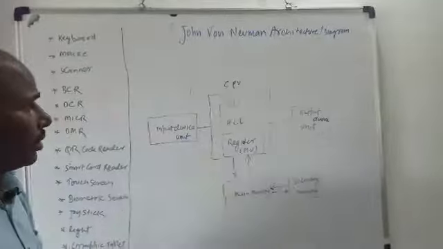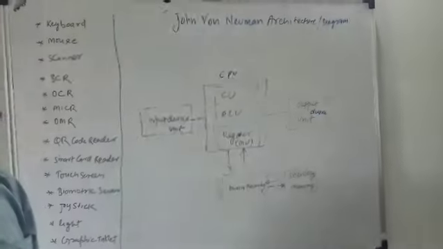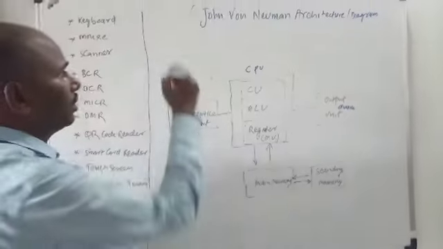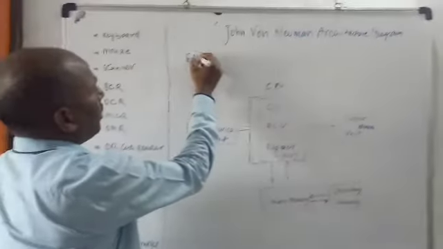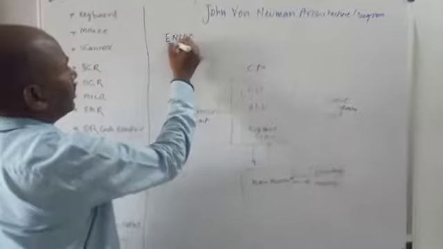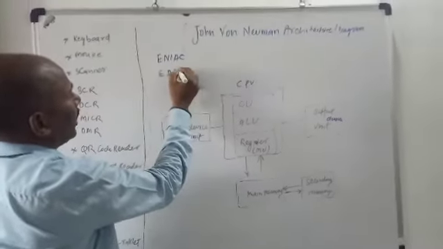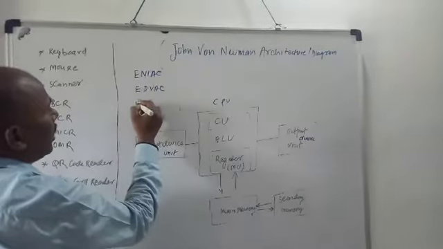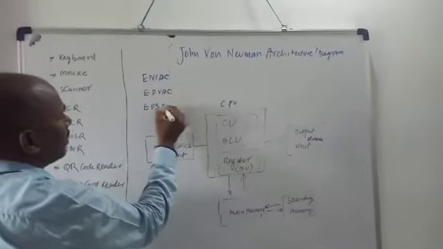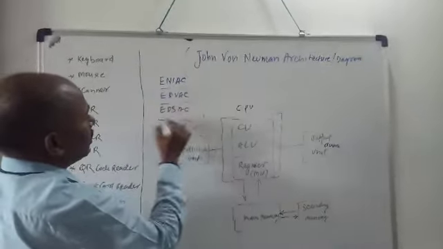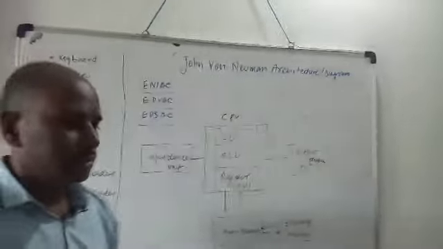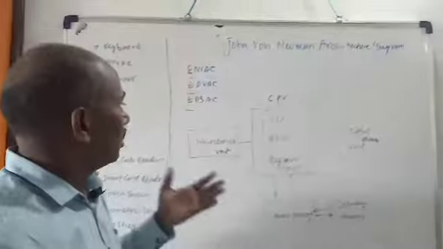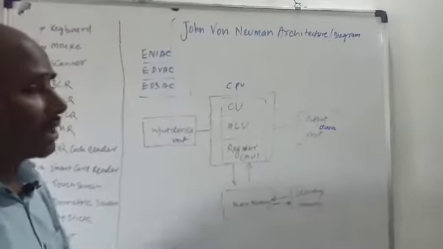Now, I want to add one more thing related to the history of this diagram. ENIAC, EDVAC and EDSAC. These machines you have already studied in class 7.